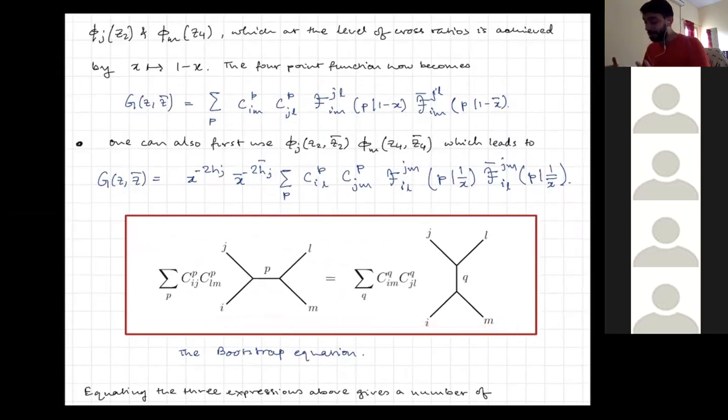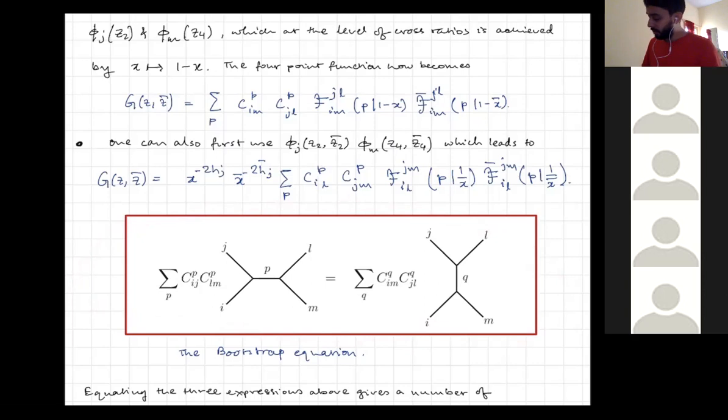Okay, so suppose you have supplied me with some C_ijk. Unless these C_ijk are consistent with this crossing equation that I've pictorially written down here, this particular data will not give you a consistent CFT at the end of the day.